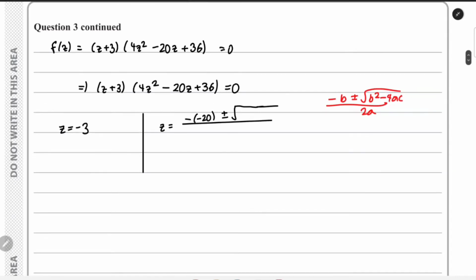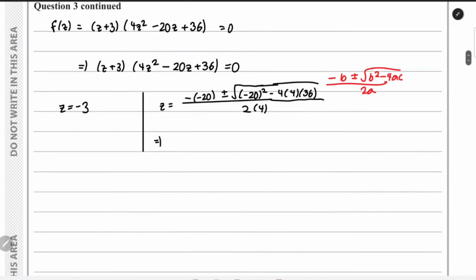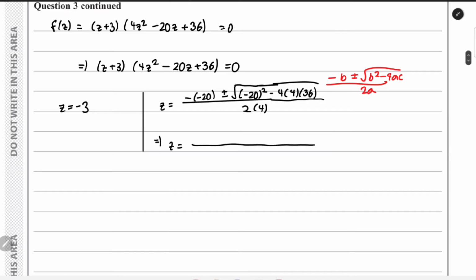This will be minus minus 20, plus or minus root of minus 20 square minus 4 times 4 times 36, divided by 2 times 4. I have z equals to 20 plus or minus root, and inside the root I'll have 20 square minus 4 into 4 into 36, this is minus 176, by 8.